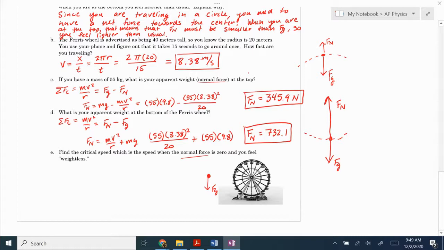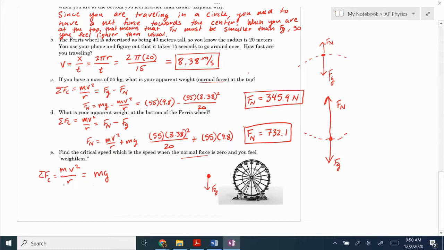That is always true, but the slower or faster thing is a little different if you have a loop. So basically, when you sum your forces, you have mv squared over r is equal to mg, because that's the only force acting on you.